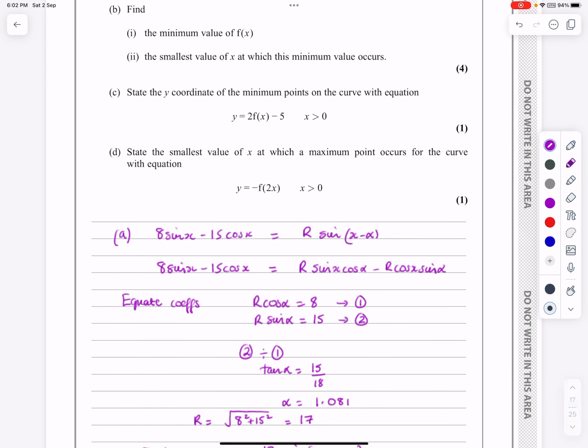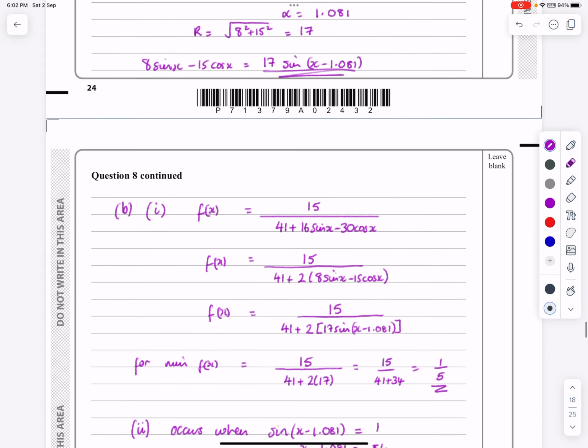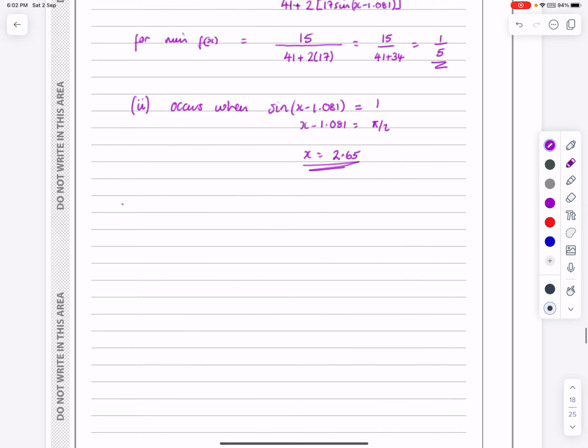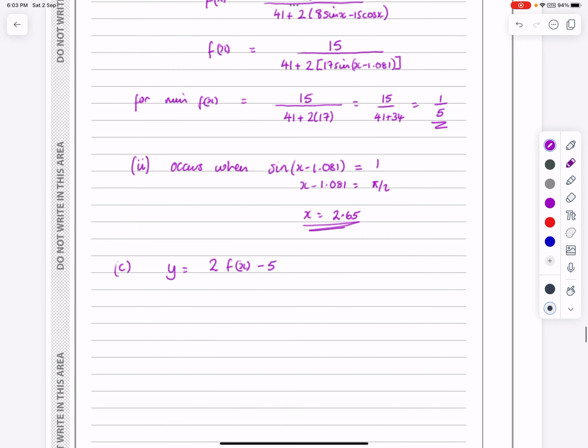Part C now says state the y coordinate of the minimum points if we do this as a transformation. So if we do that as a transformation, y equals 2f(x) minus 5, what happens if we do that transformation to our value of a fifth here?